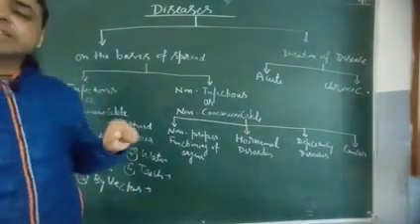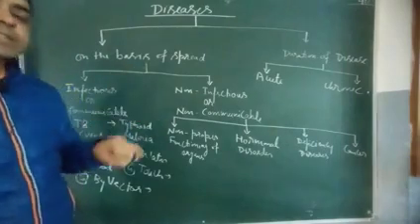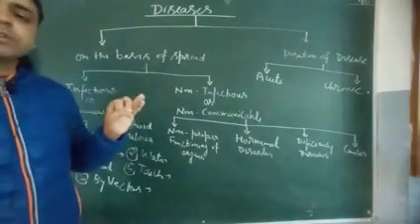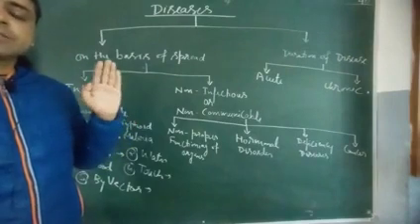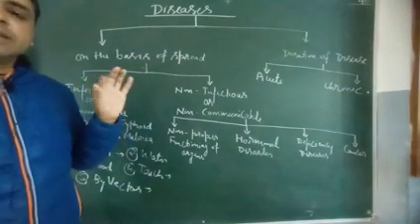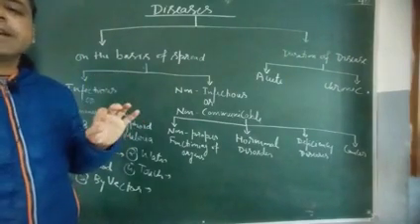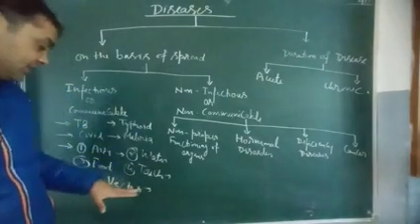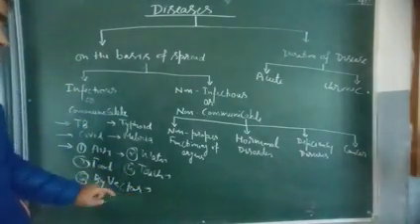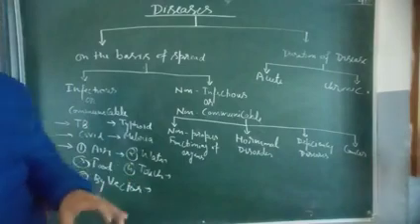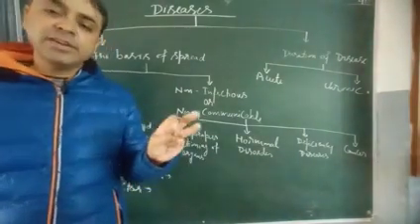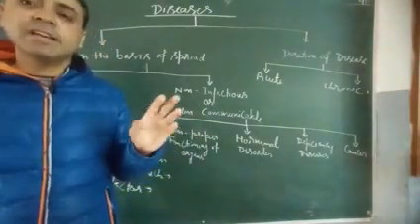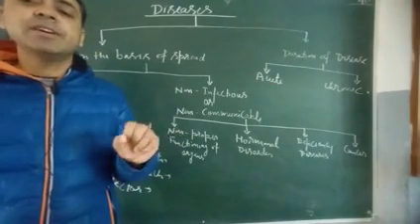These vectors can transmit a number of diseases like malaria, dengue, chikungunya, swine flu, then hepatitis, encephalitis. All these diseases can be transmitted through vectors. Out of these, common ones are malaria, dengue and rabies. Rabies is caused by the biting of dogs.